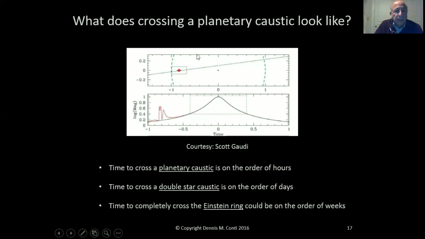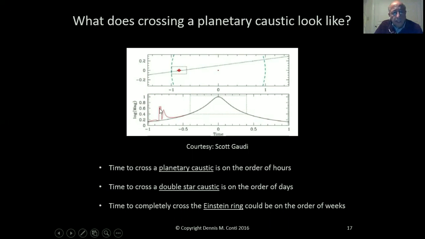What's important about that is that as astronomers see that a microlensing event is starting to occur, it's important that there be very frequent observations of it in order to catch the case on the order of hours that it might be a planetary caustic. And this again is one of the reasons for amateur astronomers being involved in these microlensing follow-up observations, because we have the ability to do a lot of observations from different points on Earth.